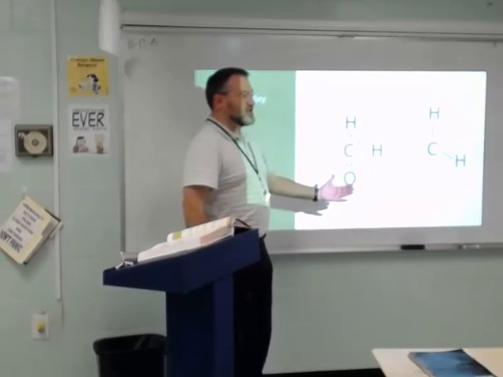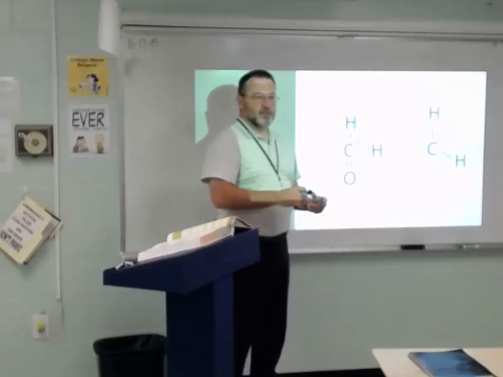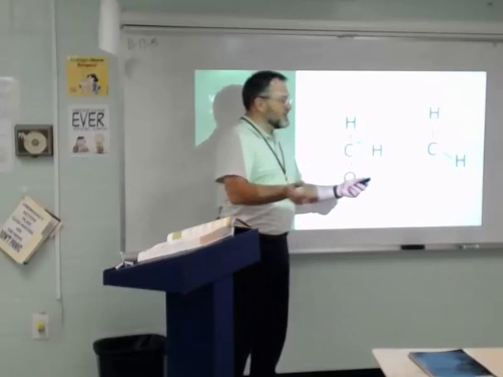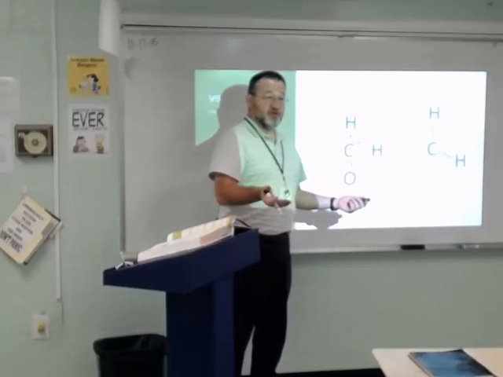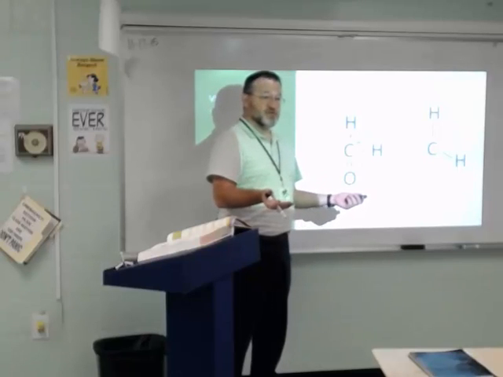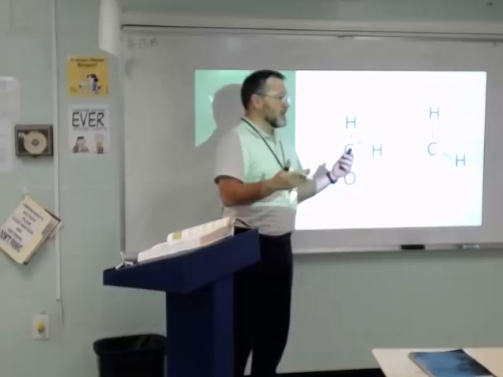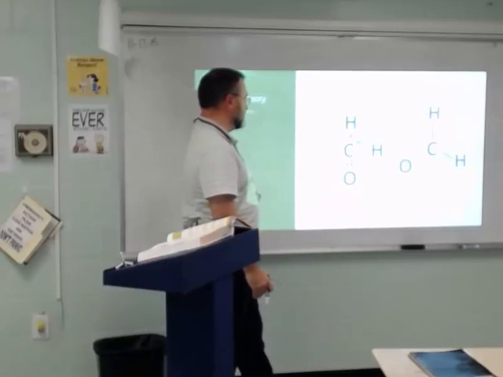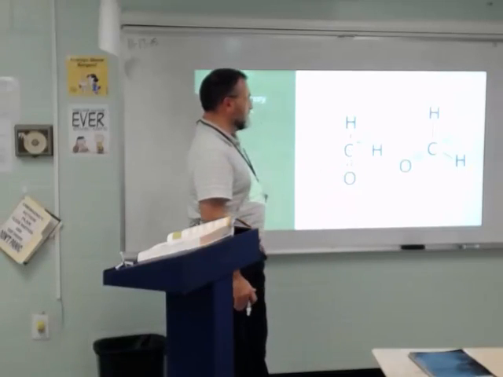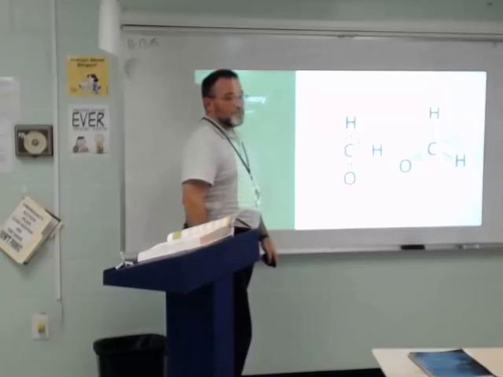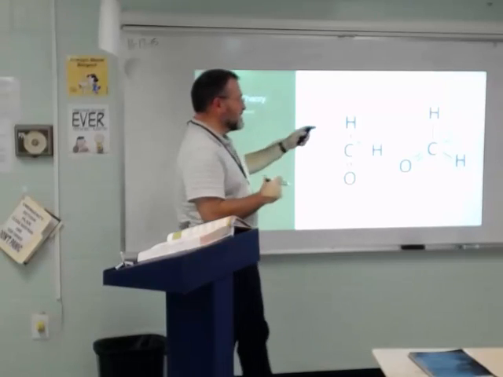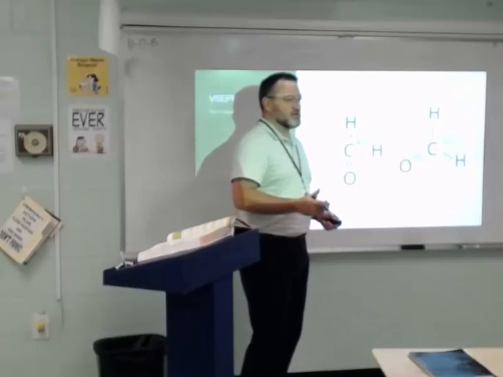So 360 divided by 1, 2, 3 pieces. If you had a pie and 3 people are going to share it, you cut it in 3 pieces, each piece being the same, each piece would be 120 degrees. So every angle in here, the bond angle, is going to be 120 degrees.